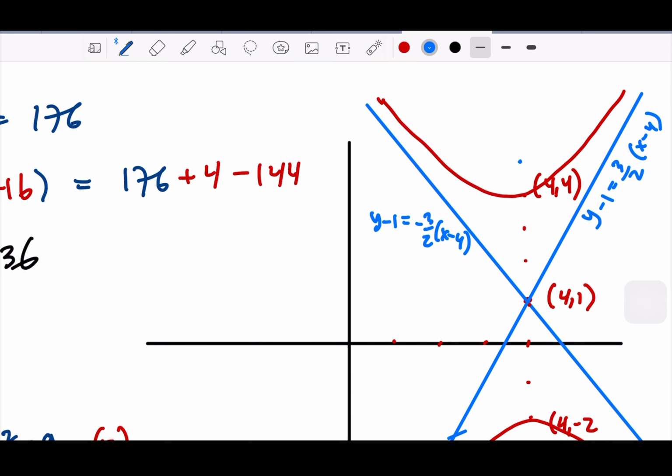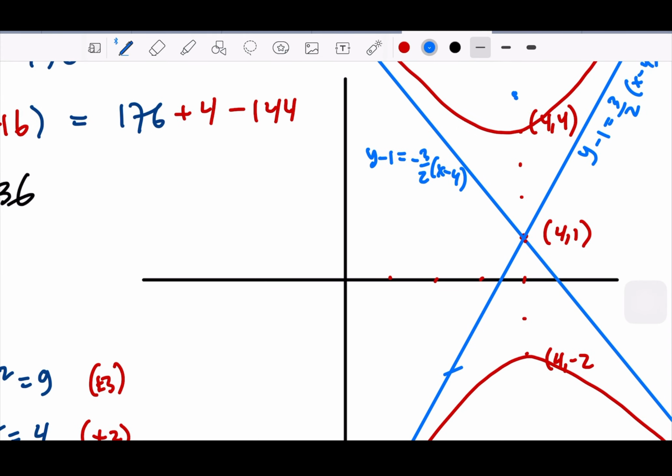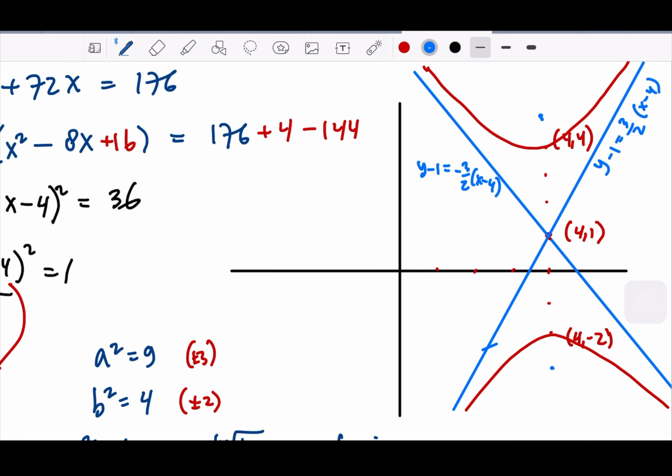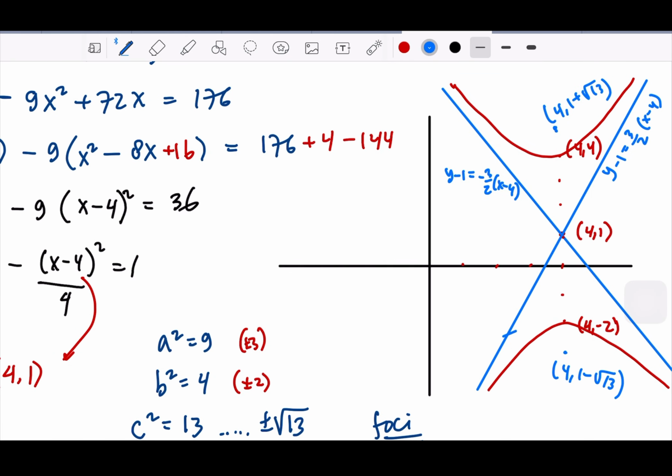The foci maybe around here. The foci are 4, 1 plus square root of 13, and this will be 4, 1 minus square root of 13. Okay, at least that will be the case.